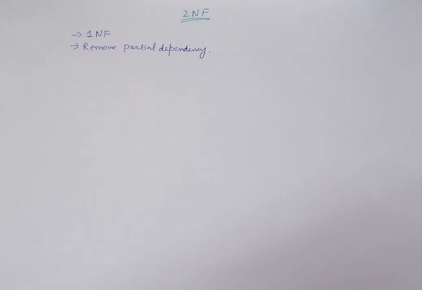Whenever we have a primary key which is a composite key, we may encounter partial dependencies. That is, a non-prime attribute may depend on part of the primary key, and that may cause partial dependencies. For example, let me draw a schema for you.